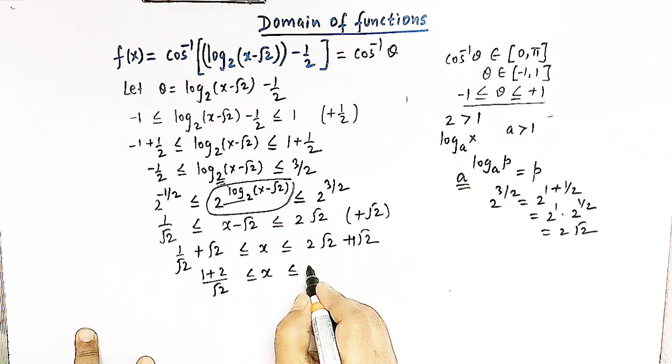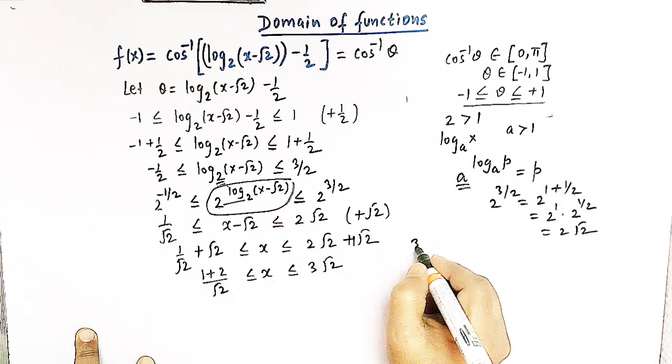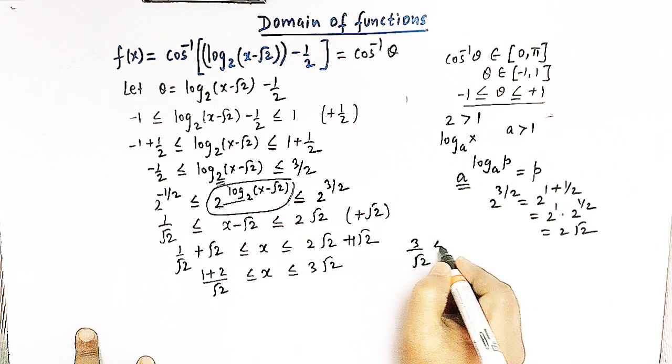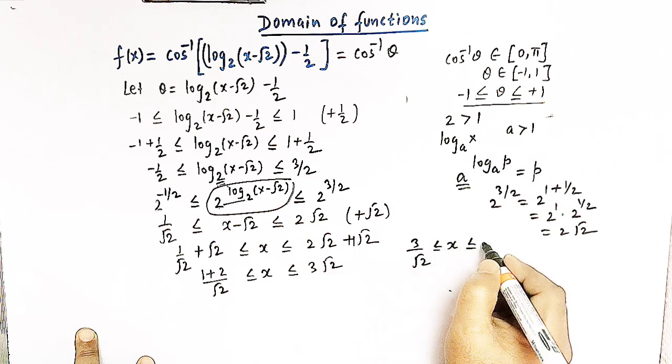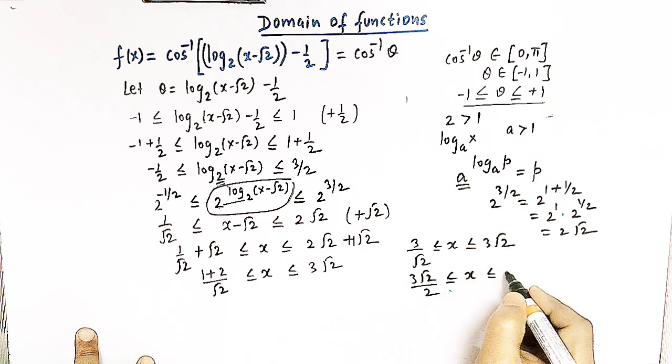So this is 3 over root 2, then x, and then 3 root 2. So now rationalizing the denominator, we have 3 root 2 over 2, then x, and 3 root 2.